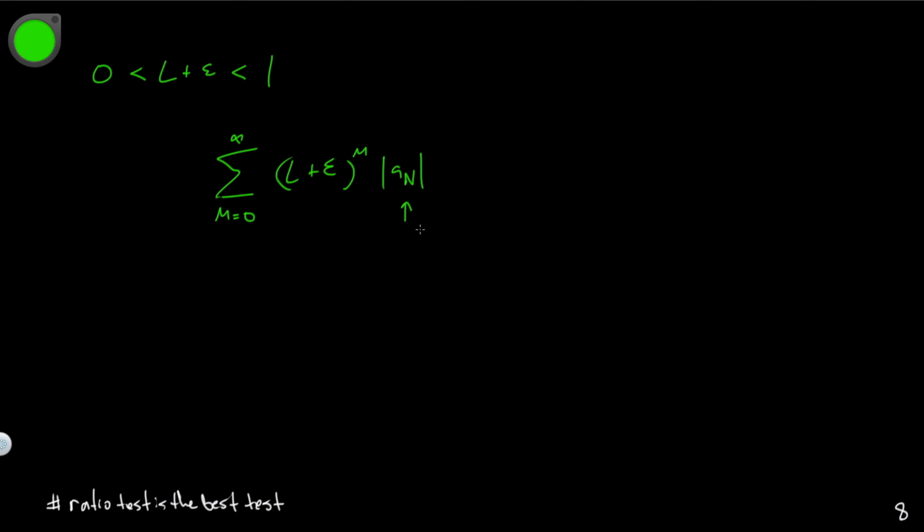A sub n is just a number. This is less than 1. This thing converges by the geometric series test. Less than 1, repeated multiplication. This thing is going to converge by the geometric series test.